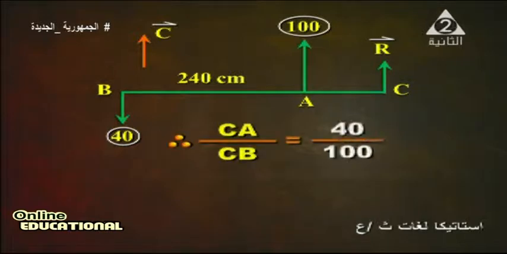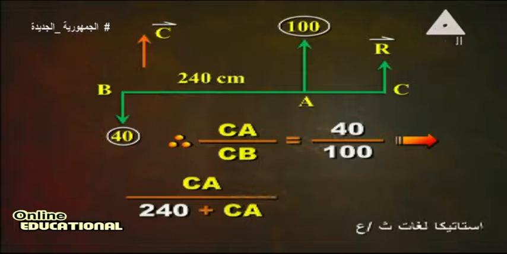And when we determine the length of AC, we know that CA over CB equals what? Equals F2 over F1. CA over CB equals 40 over 100, or 2 over 5 in simplest form.